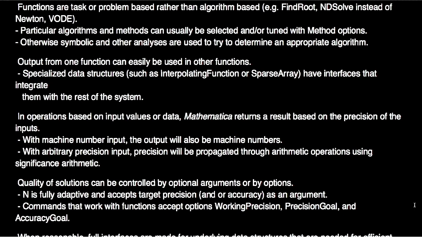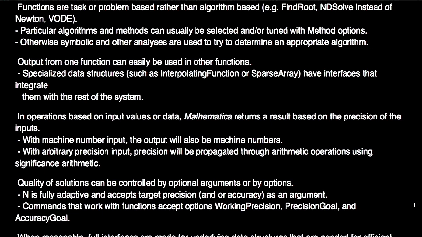Within that, you can select particular algorithms using method options. All these functions have method options. You can go very deep in the method option to select particular algorithms or even aspects of particular algorithms. But what we try to do, and this is what a lot of my work ends up doing, is figure out, given a problem, and Mathematica typically has a symbolic specification of a problem, like a differential equation or a root finding problem.